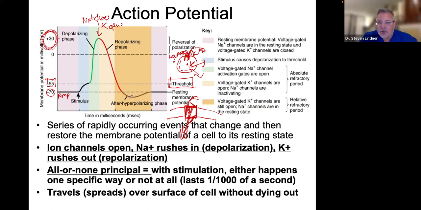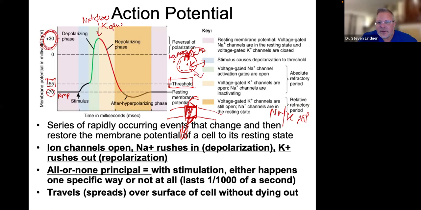But because they close slower and not as quick as the sodium channels close, it's normal to dip below resting membrane potential. So it's going to dip a little bit more negative. And after it dips and hyperpolarizes, that's where the sodium potassium pump that requires ATP kicks in to restore it back to RMP, to resting membrane potential.